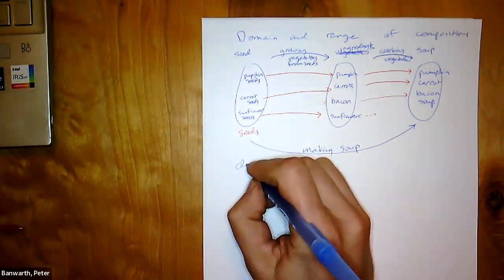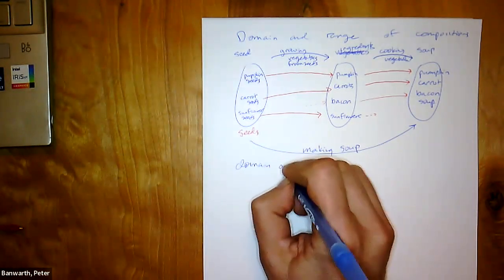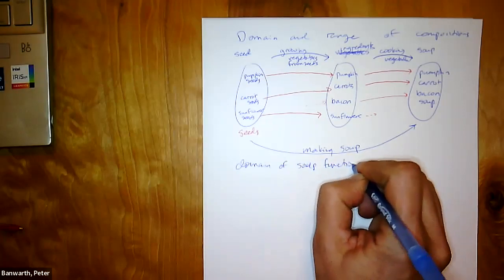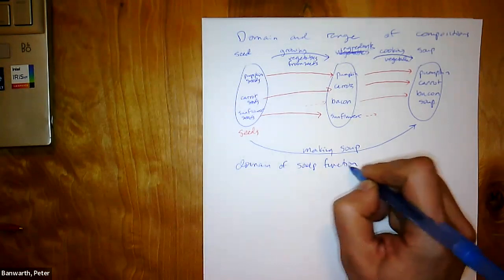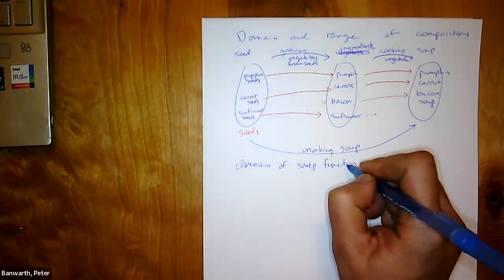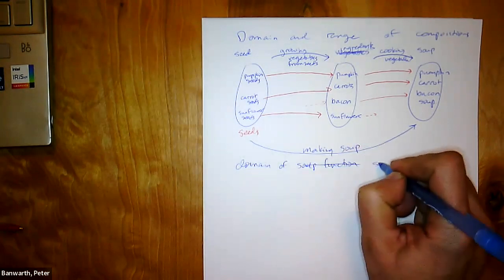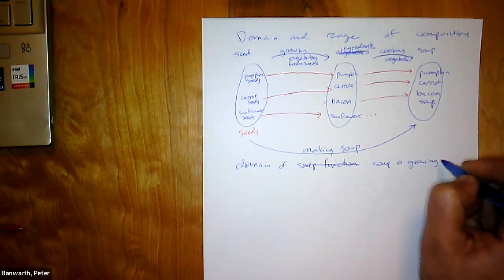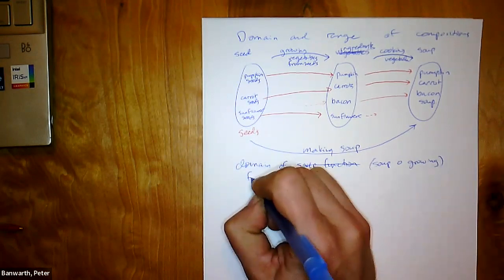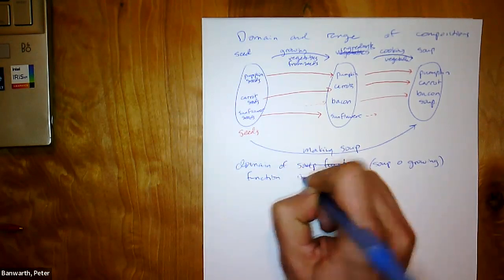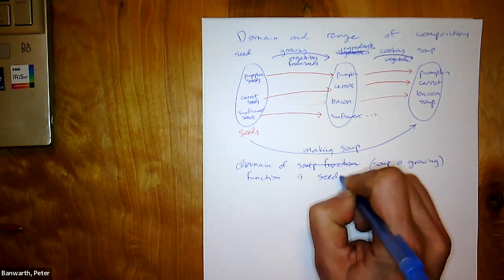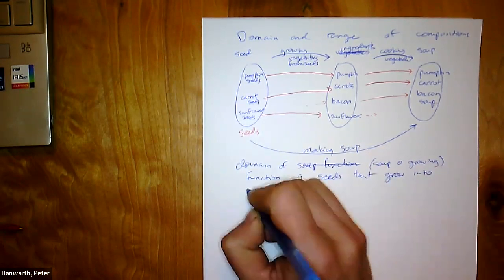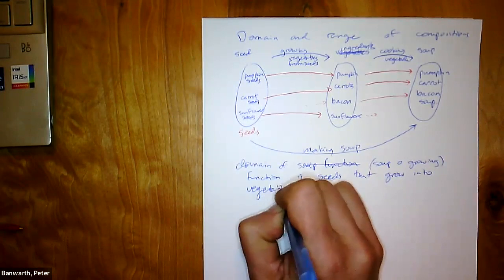So the domain of my soup function, let's say soup composed with growing function, is the seeds that grow into vegetables.